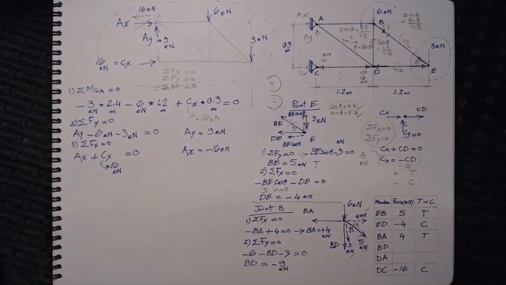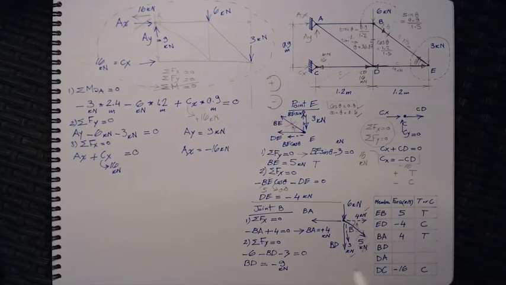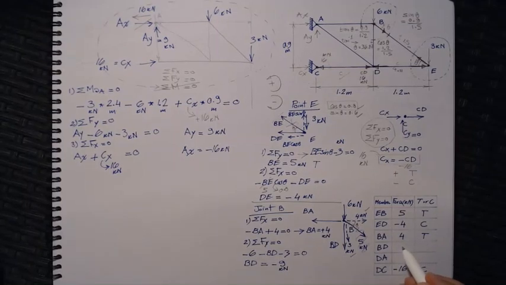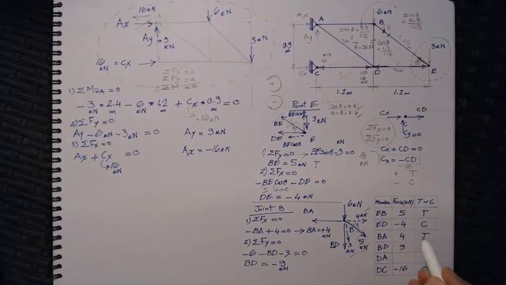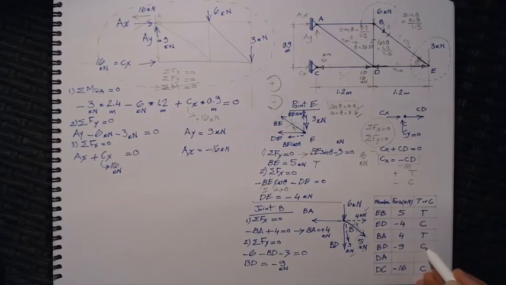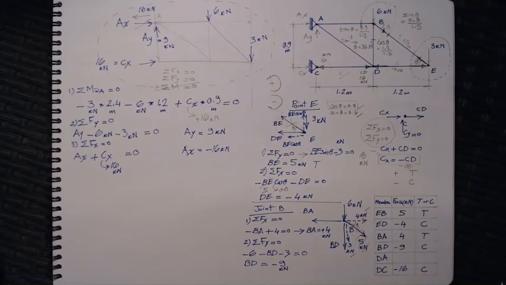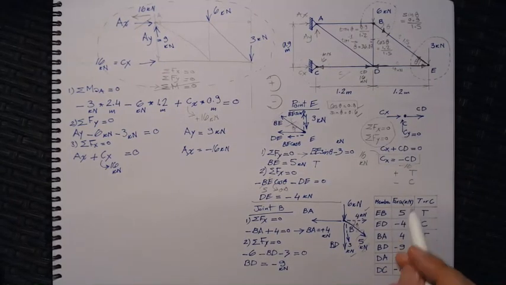So what does that mean? The negative sign, by now we know that this means compression. So BD is going to be 9 kilonewtons in compression.